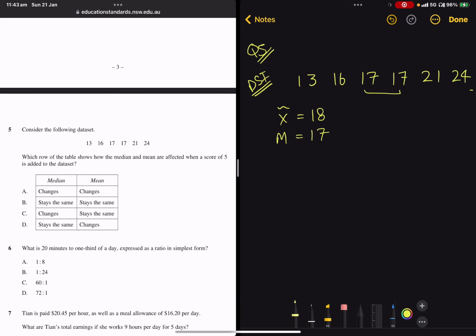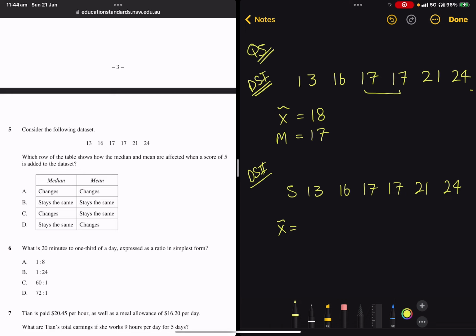If we add 5, we now have a new data set 2, and this is 5, 13, 16, 17, 17, 21, 24. Immediately we know the mean is going to be lower because we're adding a lower score. So we can calculate the same thing we did before, but now we have a 5 and now it's divided by 7.